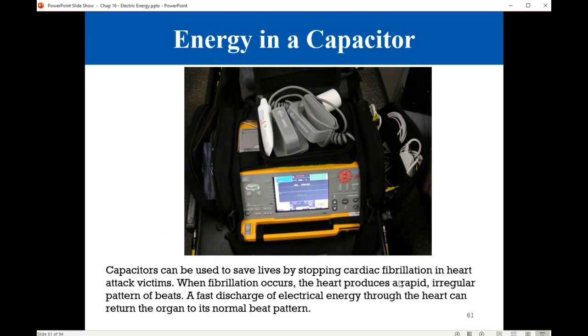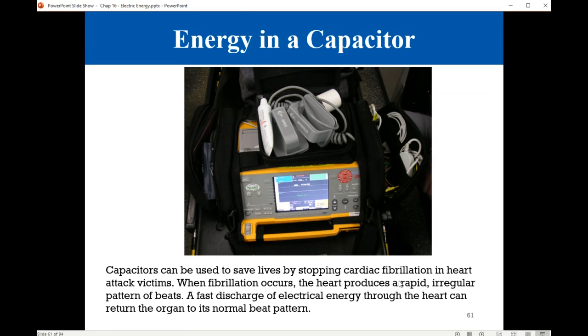There are many important applications for capacitors. This is just one of these examples. Here it is used to stop cardiac fibrillation in heart attack victims. In fibrillation, the heart produces a rapid irregular pattern of beats.